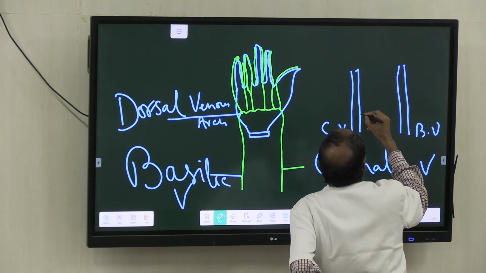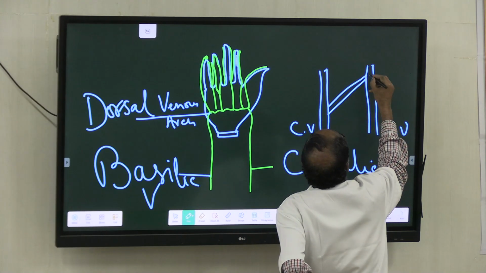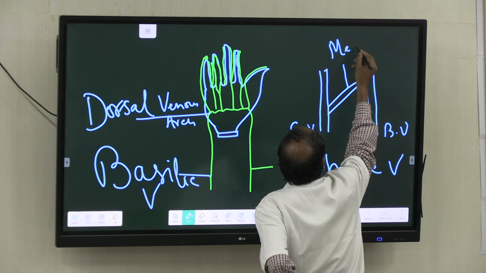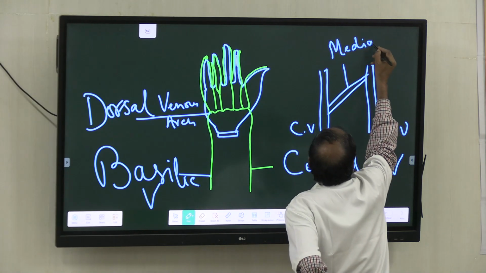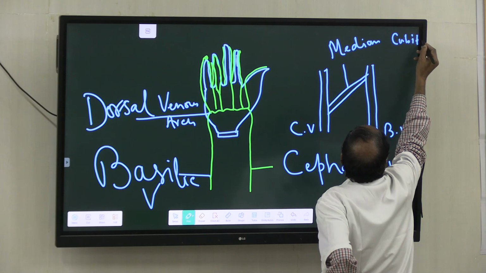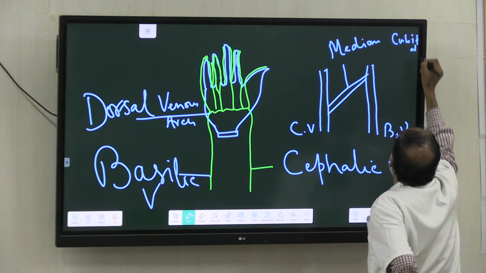This vein will be like this. This is median cubital vein.